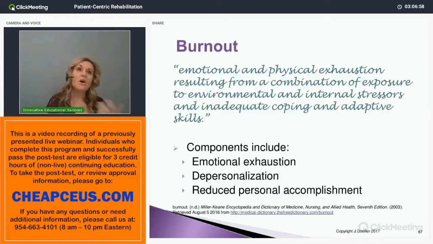So instead of, I have 12 patients to treat today, 6 of them have had total knee replacements, 6 of them have had total hip replacements, it's like, I have to go see the knees in 524 and 526, and then I have to get them in the CPMs so that there's time to see the hip in 524, and they're no longer people. So that might be a sign of depersonalization.